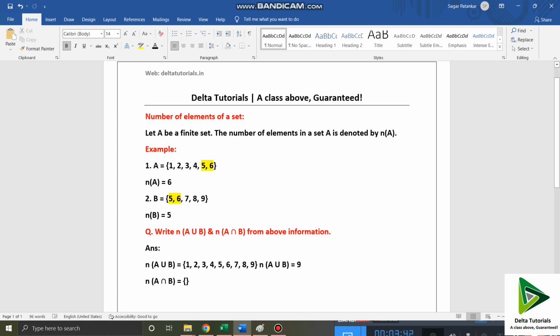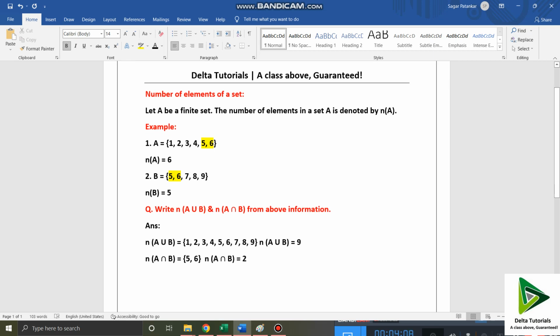So this is nothing but A intersection B, and only two elements are present in this intersection. So the answer of n of A intersection B is simply 2, because only two elements are present in this intersection.